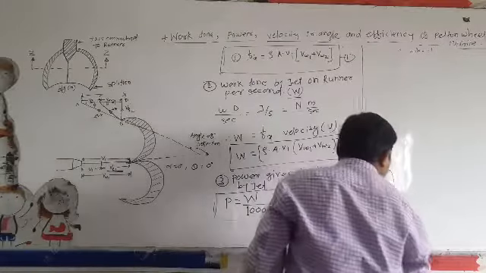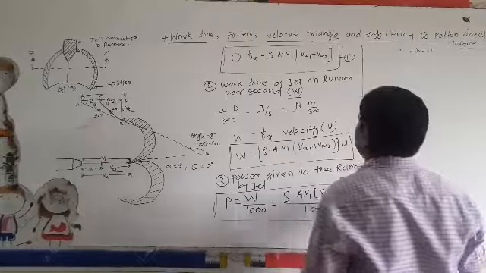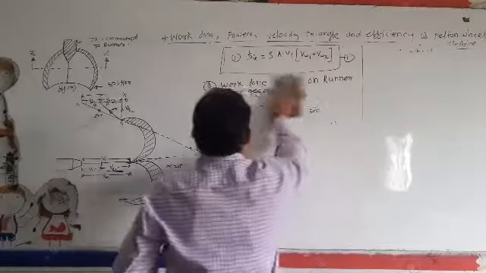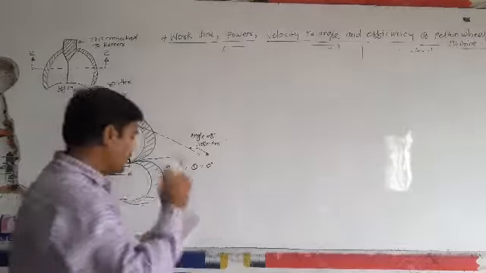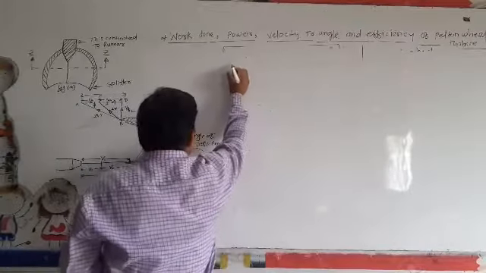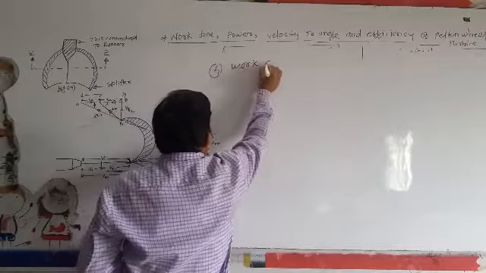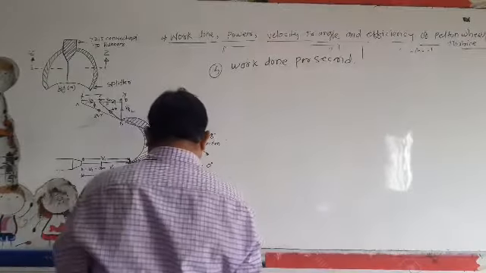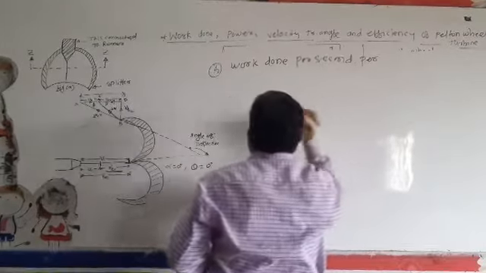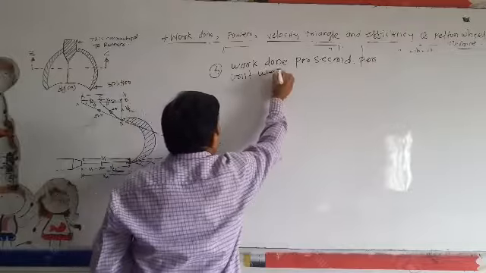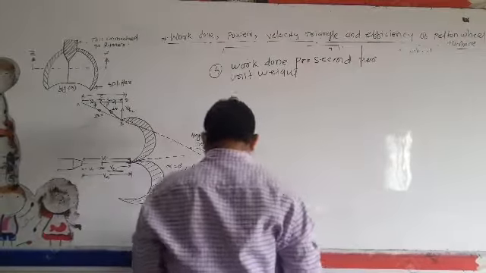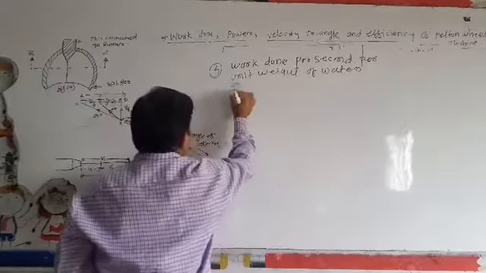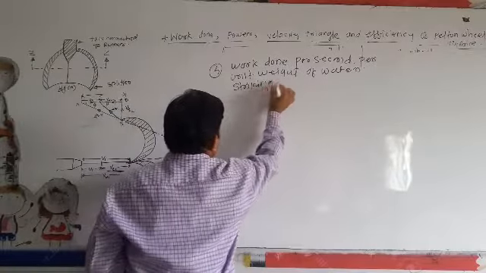Then fourth is the work done per second per unit weight of water striking per second.